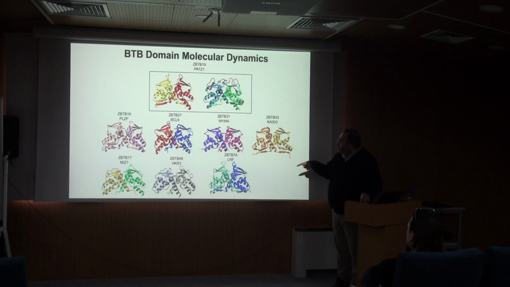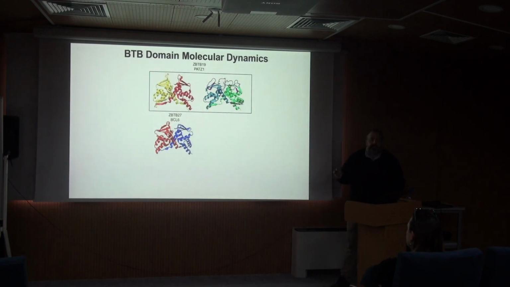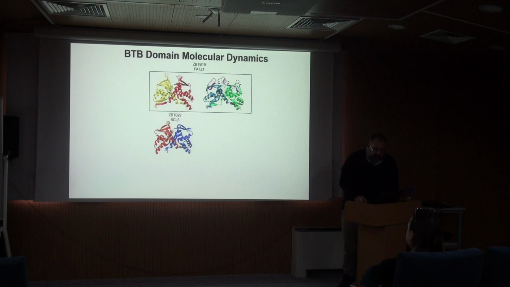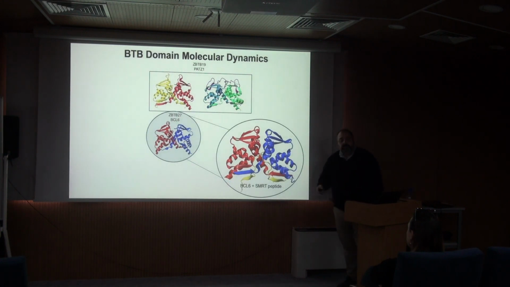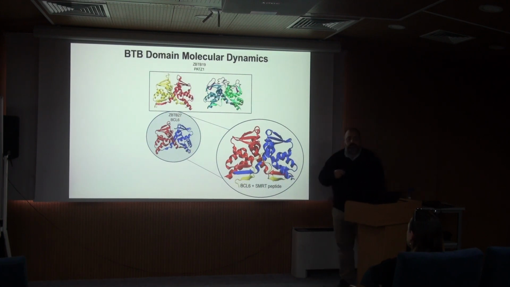Now, when we look at this family of proteins, this protein called BCL6 is the most studied family member. BCL6 stands for B-cell lymphoma, and it's upregulated in diffuse B-cell lymphomas. BCL6 is a drug target and interacts with corepressor proteins called SMRT and NCoR or B-Cor, which recruit histone deacetylases.